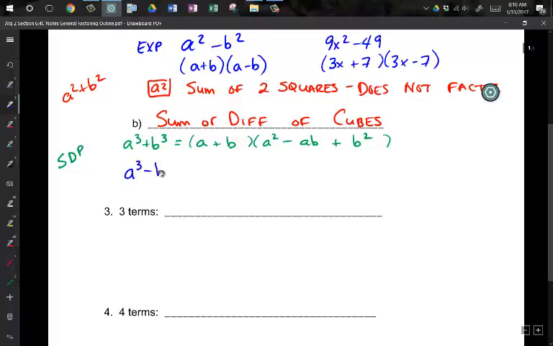A cubed minus b cubed. Who thinks they can give me that whole thing? Jonah? So a minus b, a squared plus ab plus b squared. So same sign, different sign, positive.